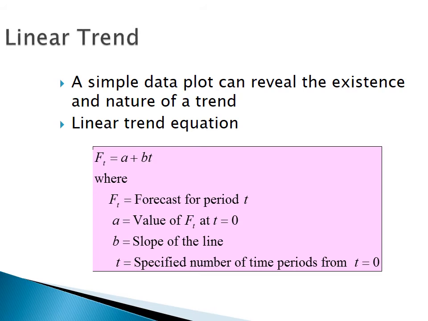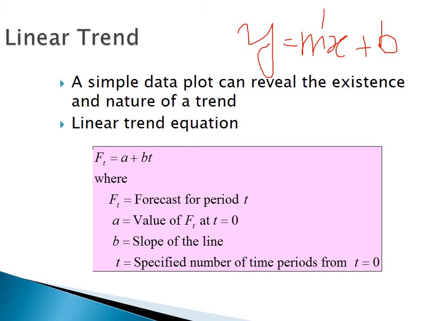Linear trend is like an equation of a straight line. y is equal to mx plus, say, b, which is the y-intercept. You can change this b to c or whatever, but this stands for the y-intercept.